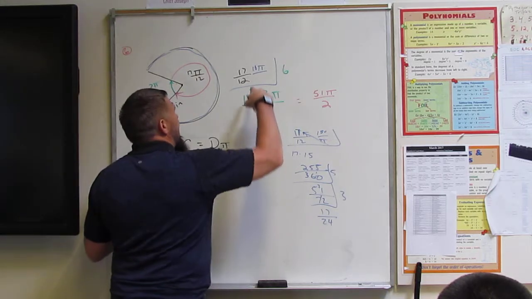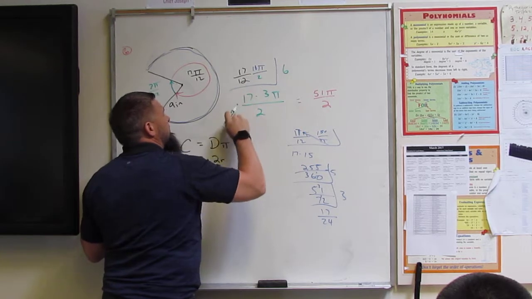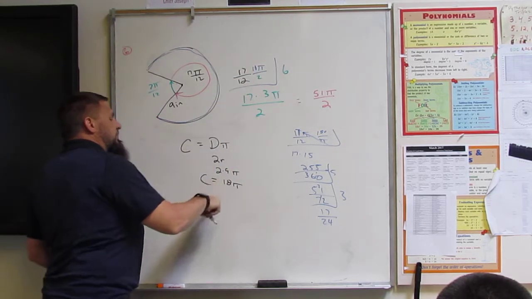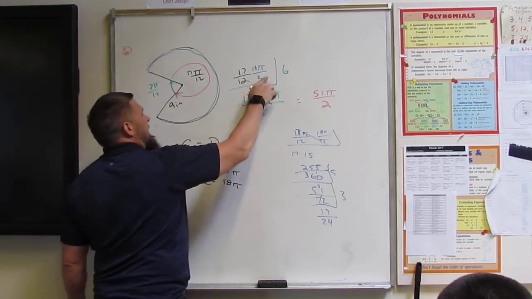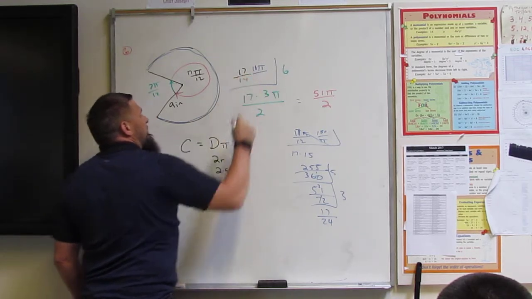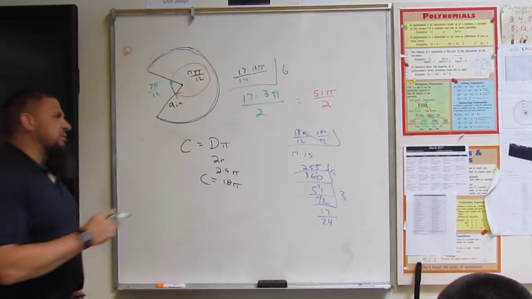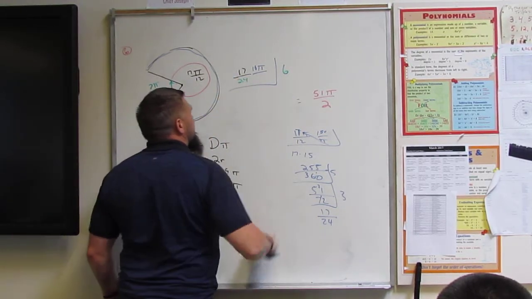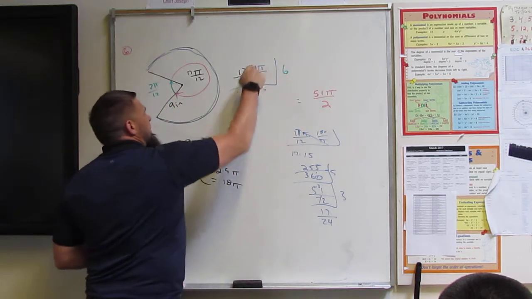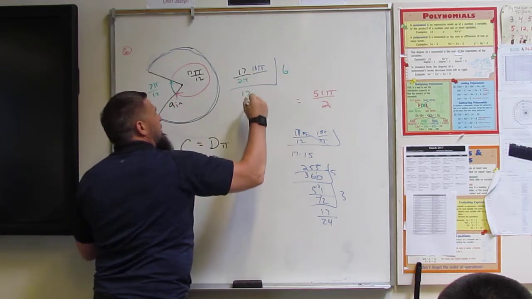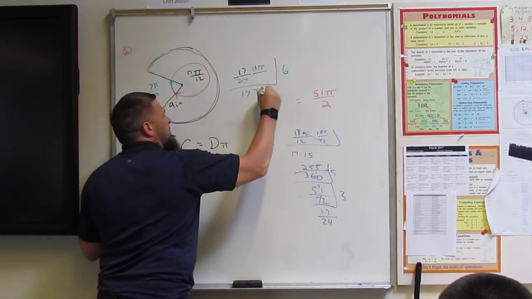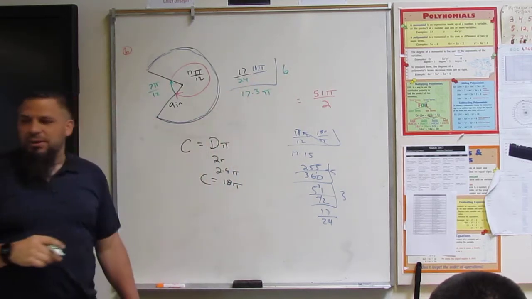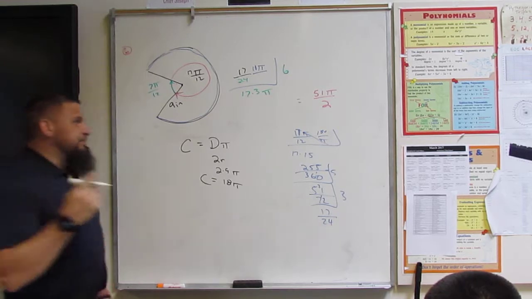So this actually should be times over 2, right? So 18 pi over 2 because there's 2 pieces, or this is actually 17 over 24. And so when we do the 6, we should say 6 goes into 18, still 3 times, right? But 6 goes into 24, 4 times, right?